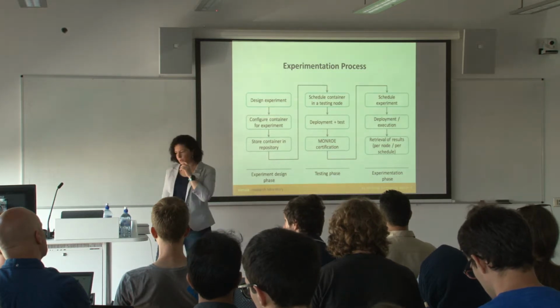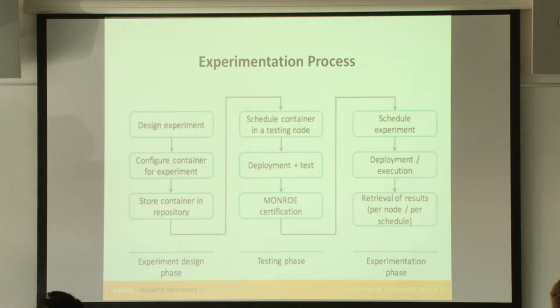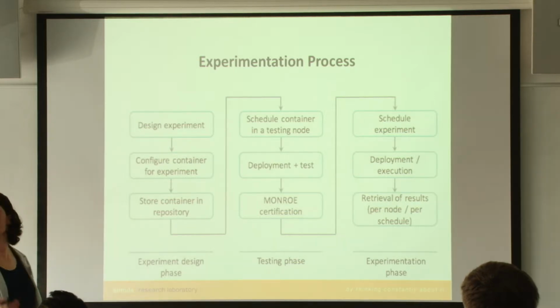Okay. So about the experimentation process, the way we design it is we don't want you to just go and run a large-scale measurement first, of course. So what we ask you to do is design your experiment in the lab. We will give you a design experiment to speed things up. You configure the container for your experiments, and you put your container in Docker Hub or on a server vhost.